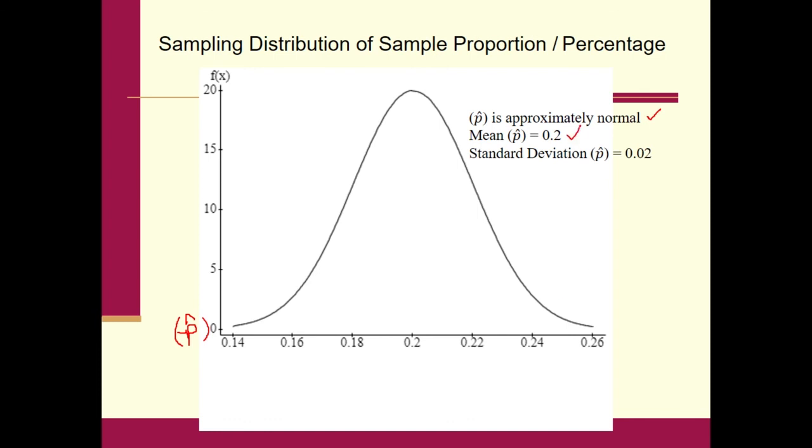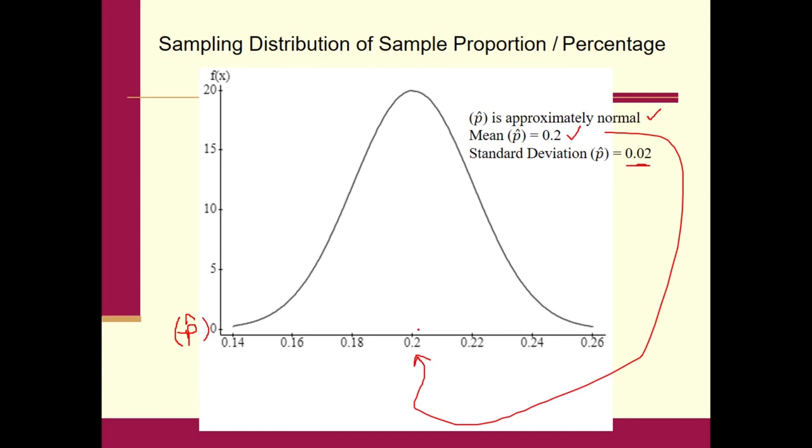Its mean is 0.2. Well, what is the mean of any bell-shaped curve? Where's it going to be located? Smack dab right in the middle. So that's why we put 0.2 right in the middle. And then the third thing is that the standard deviation turned out to be 0.02.